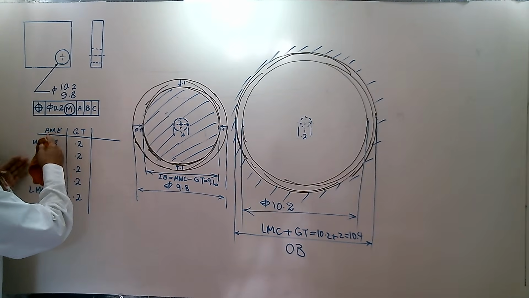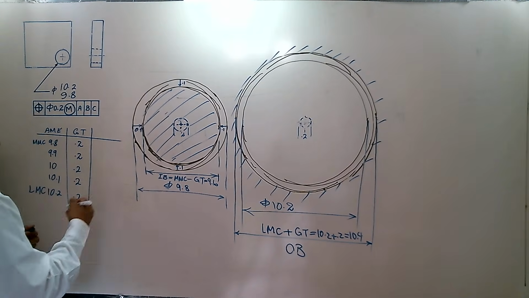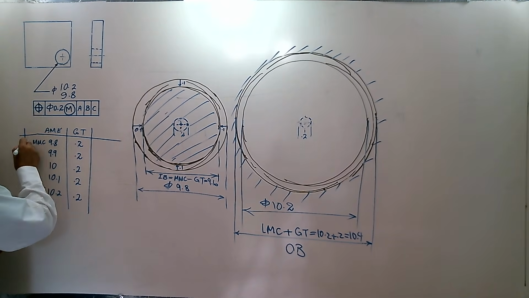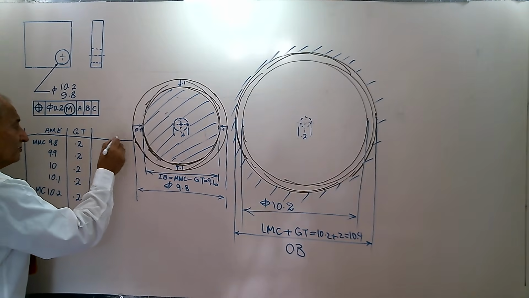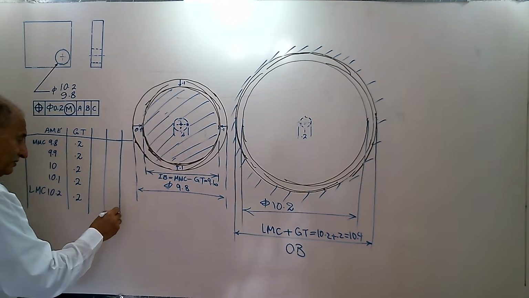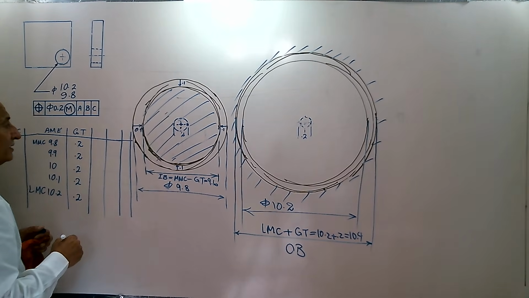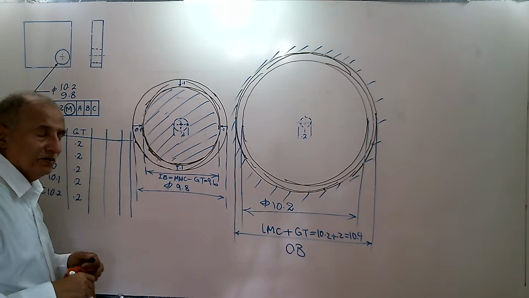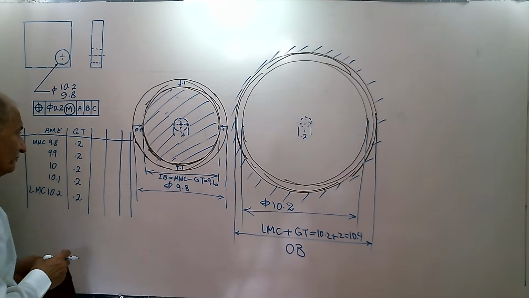The hole size is true, geometric tolerance is true, but there is another column added here, virtual conditions, and there are 3 columns added here, bonus tolerance, total geometric tolerance, and resultant conditions. Let's calculate them.